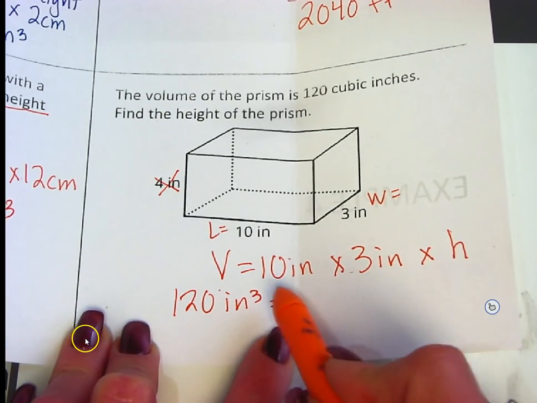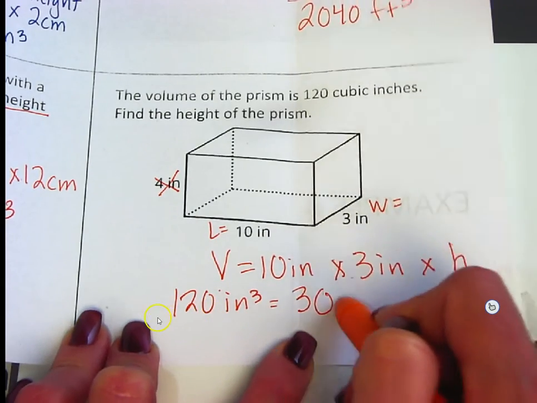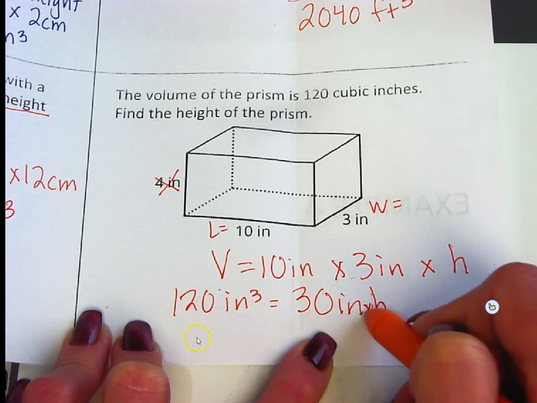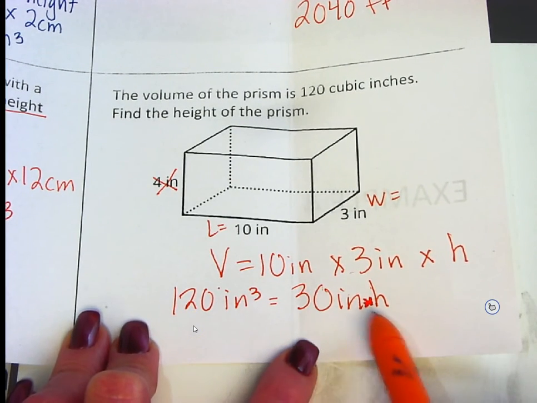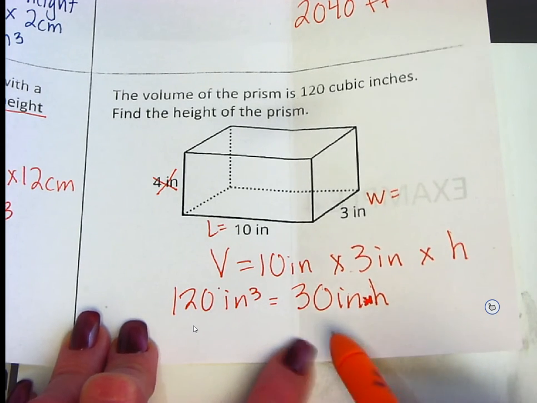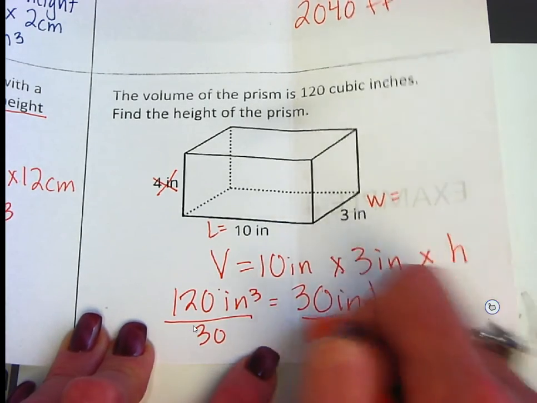And I know that's going to be equal to, I'm going to go ahead and simplify this, 10 inches times 3. I'm going to multiply the two numbers I can, times h, right? So what number would I multiply 30 by to get 120? I know we know the answer, right? But do you see how we'd get it? We divide 120 by 30, which is the area of the base.